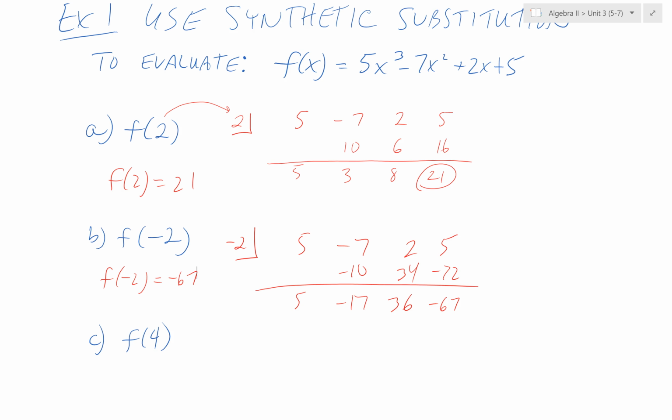Okay, you should be able to do the synthetic method without a calculator. And then once you get your answer, then try it the old way. Plug 4 in using your calculator: 5 times 4 cubed minus 7 times 4 squared plus 2 times 4 plus 5. So check your answer on your calculator, see if you get the same thing. Do the synthetic method without a calculator, and then check using the plug-in method with your calculator.